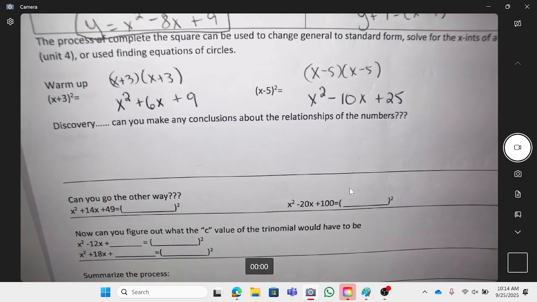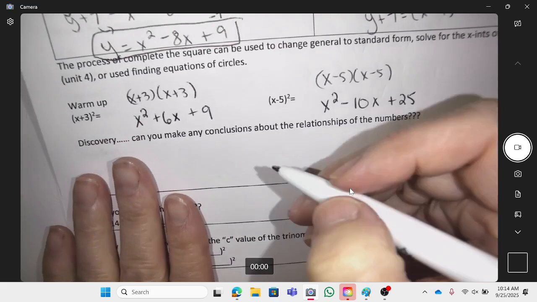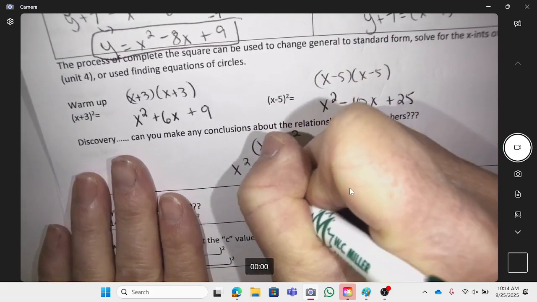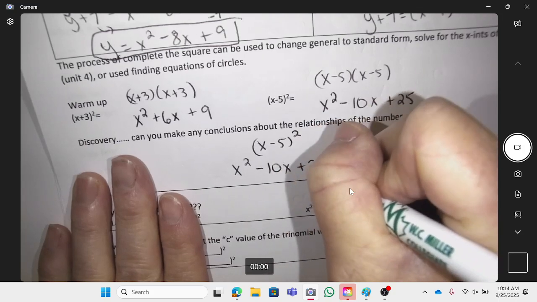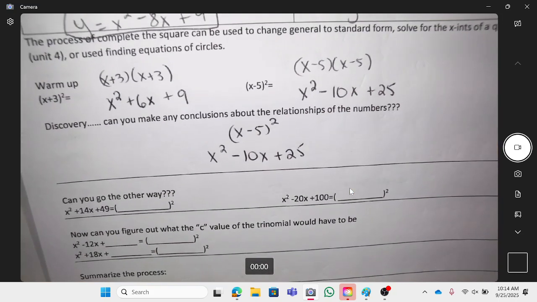Okay, we have to make kind of a rule here. So that was your result, right?